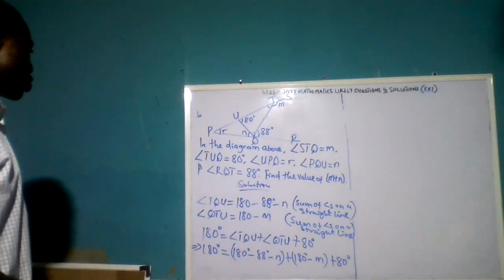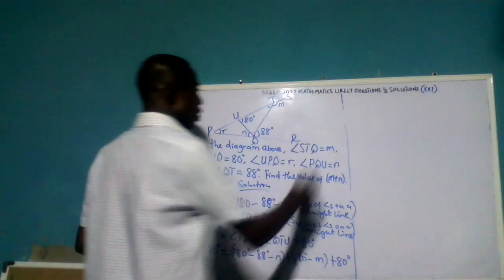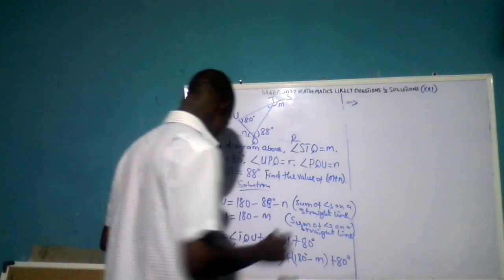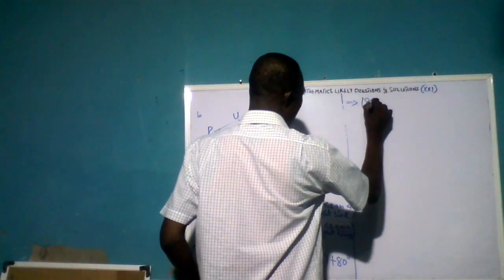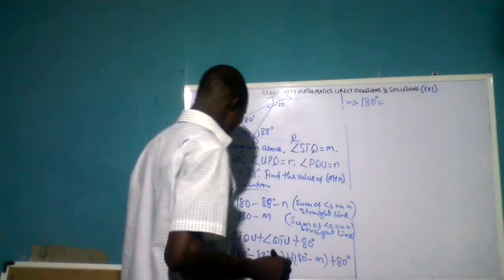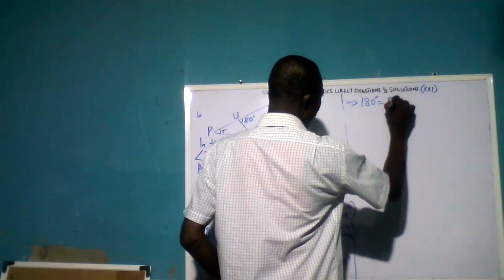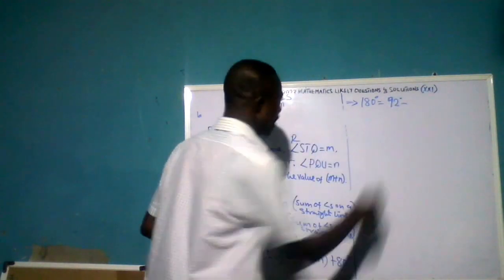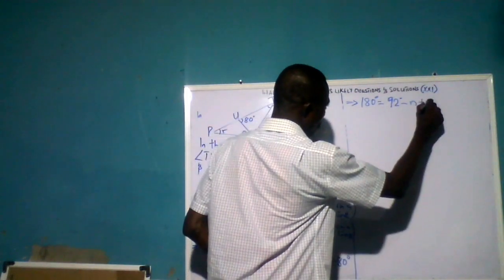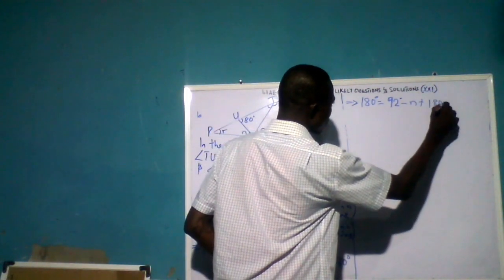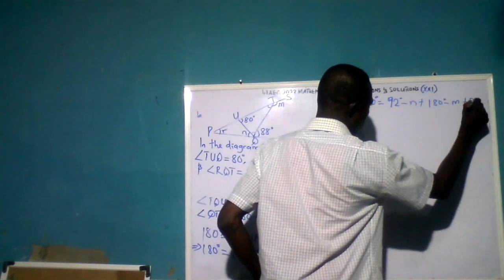Now the next thing is to open the brackets and collect the like terms. We will have 180 degrees equals 180 minus 88, that will give us 92 degrees minus n, plus 180 degrees minus m plus 80 degrees.